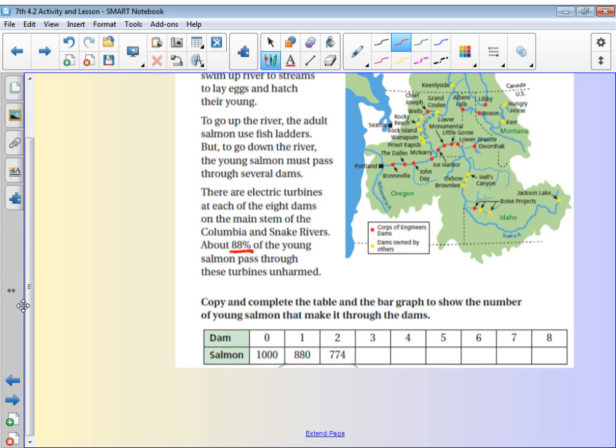So to work through our table, using what we learned from last section, we want to figure out 88% of the number that survived. Okay, so we start out with 1,000 to begin with. So we're going to put 1,000 in this spot.